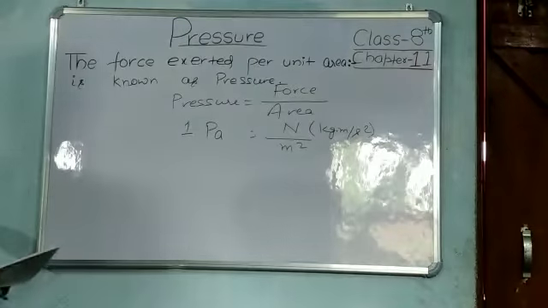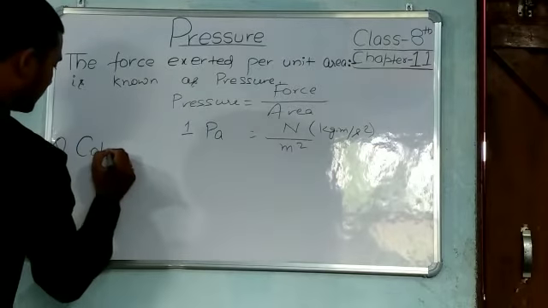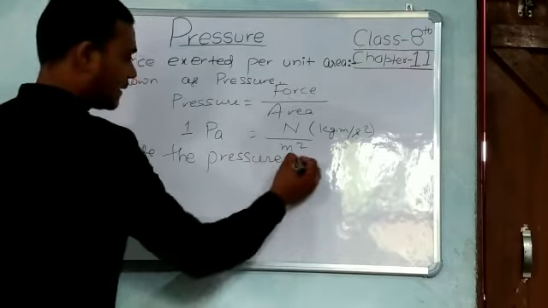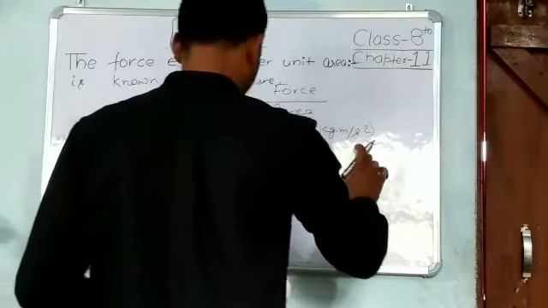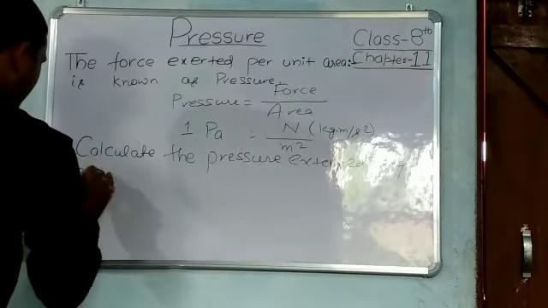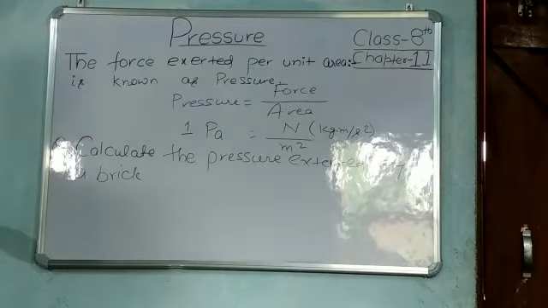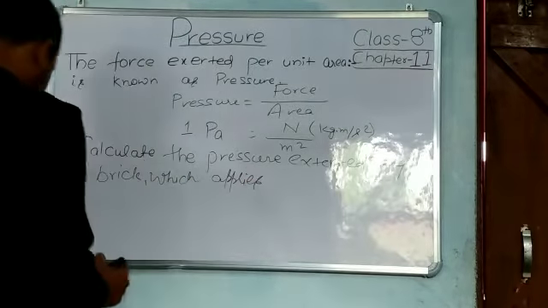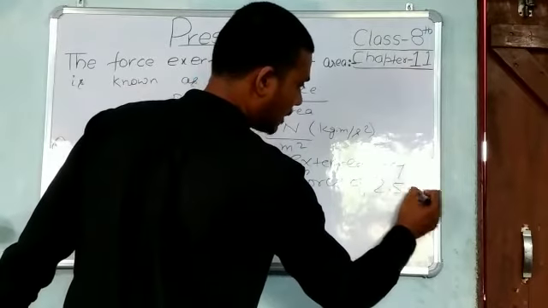Let us take an example. Calculate the pressure exerted by a brick which applies a force of 2.5 Newton.